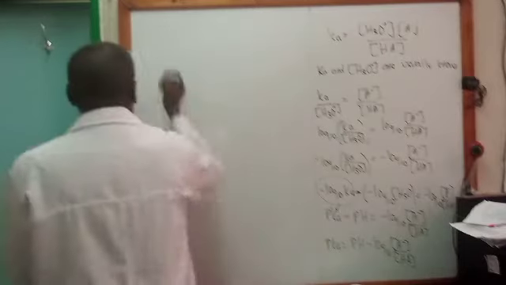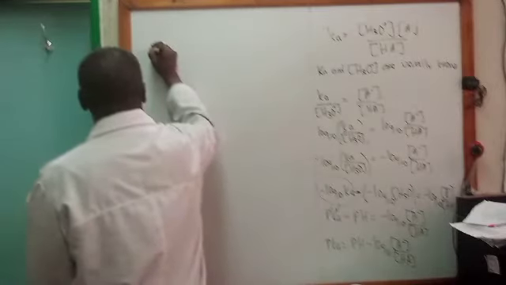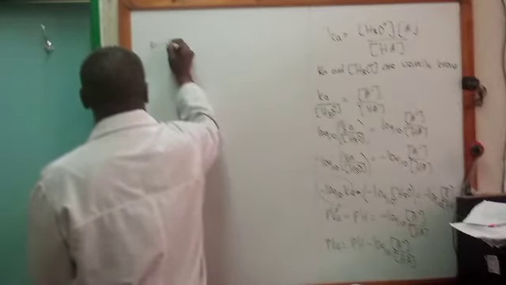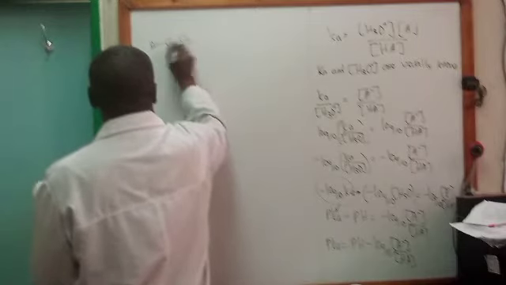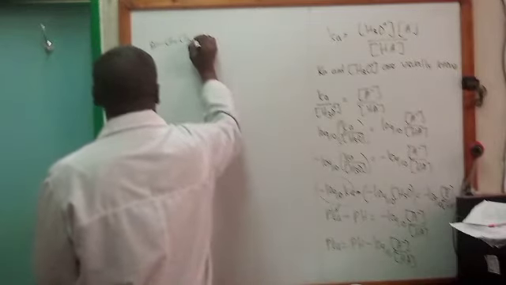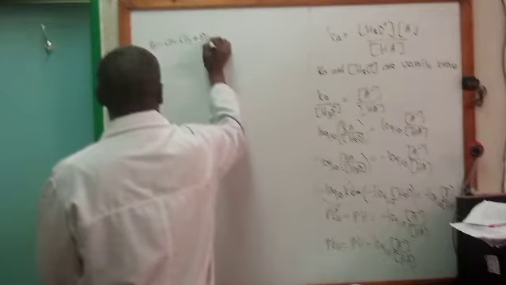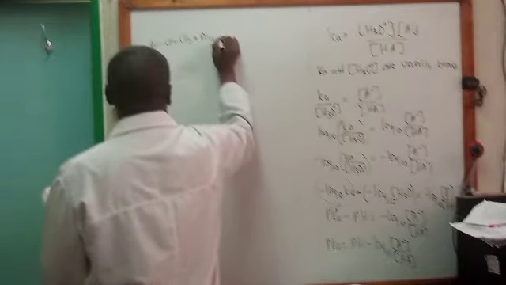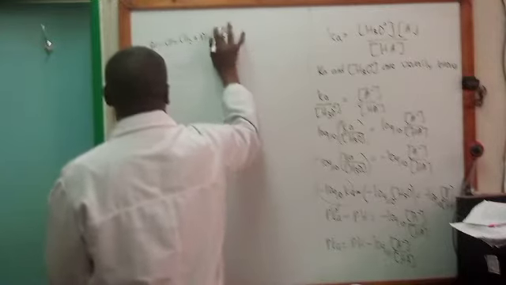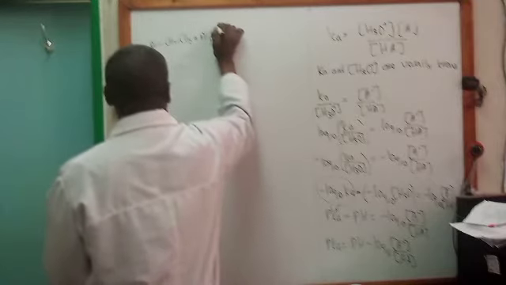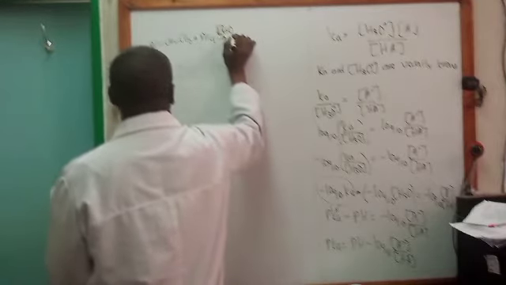Just to give an example, I've got bromoethane, CH3CH2Br, and then I've got magnesium, and I'm using it in ether as the solvent. I'm going to get what?